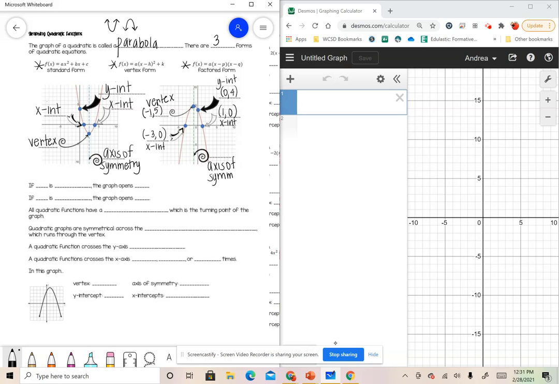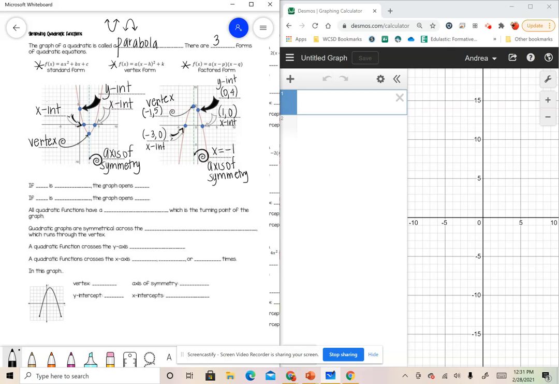And the nice thing about your axis of symmetry is it's always going to be written as a line. So you're going to write x equals. To find the number that x equals, you go to your vertex, which is right here, or right here, depending on what you're talking about. I go to the x coordinate of my vertex. Remember, x is always your first one. So my x equals -1 is my axis of symmetry.